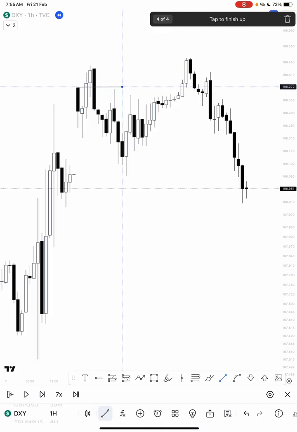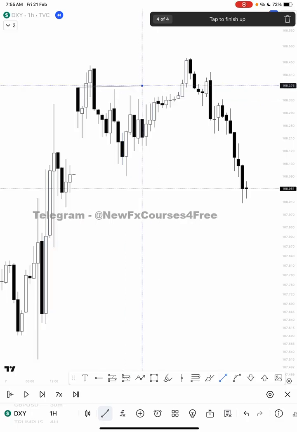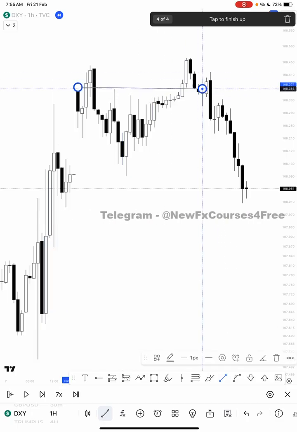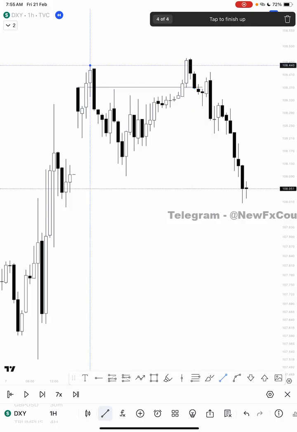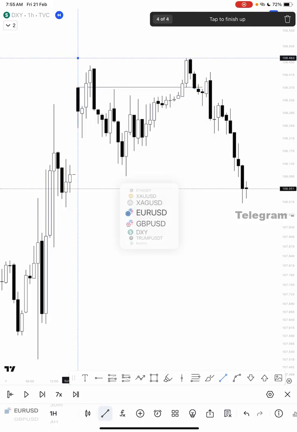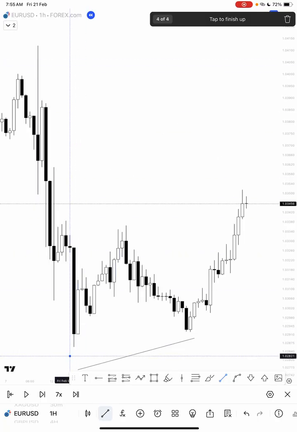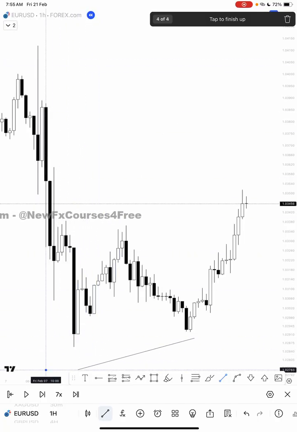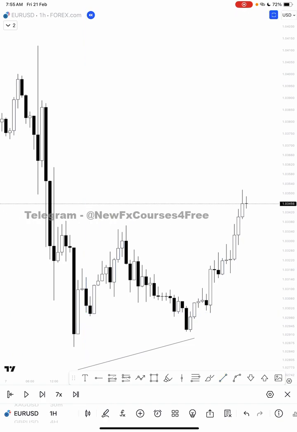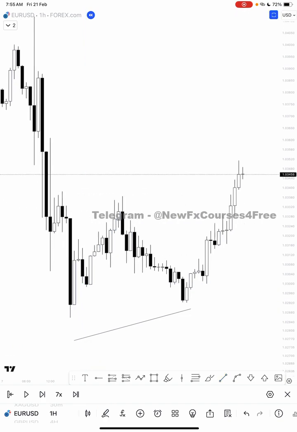DXY swept this high over here. It's actually the same high, the same low with EUR/USD, but EUR/USD did not actually sweep the low. So if you're looking at DXY and EUR/USD, it's still actually good. If you're looking at GBP/USD and EUR/USD, it's still actually nice.